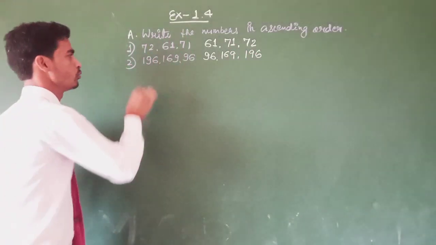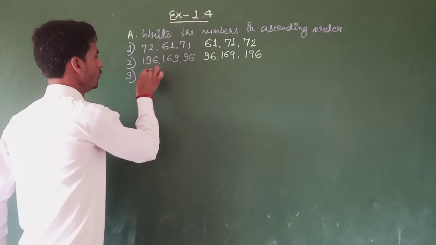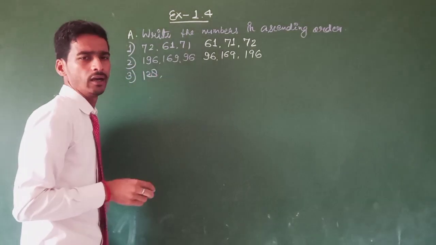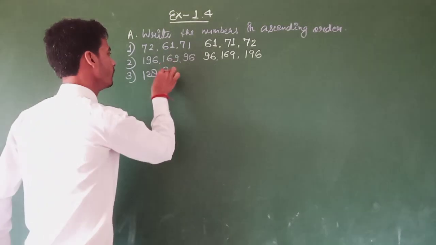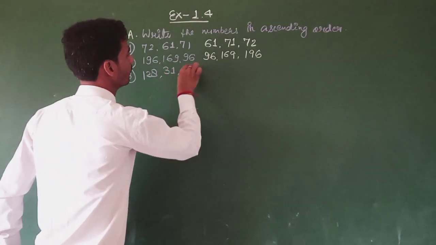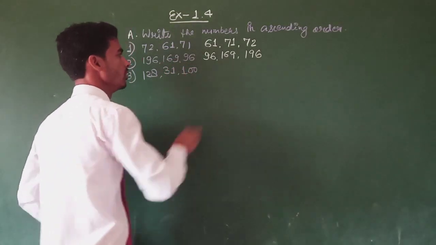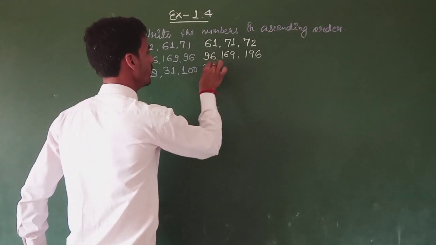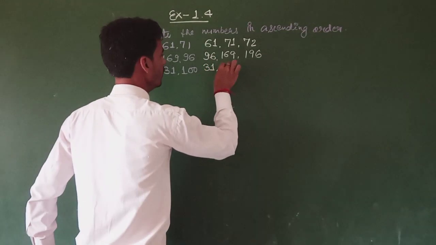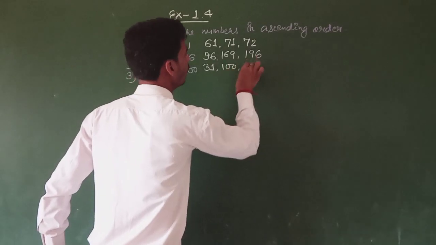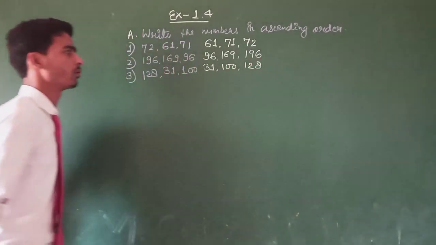The next question is question number 3: 128, 31 and 100. When we arrange in ascending order, the smallest number is 31 and after that there will be 100 and then 128.